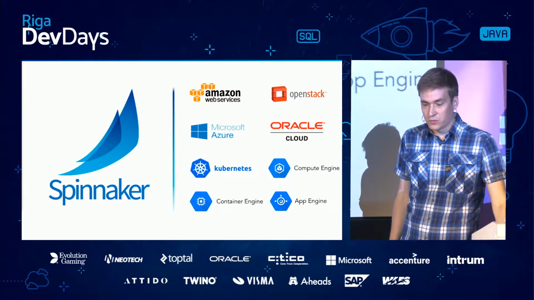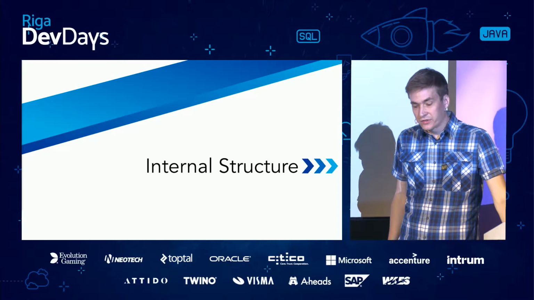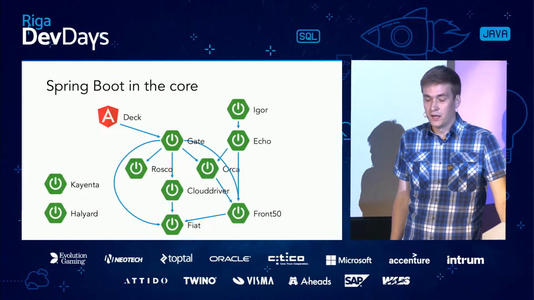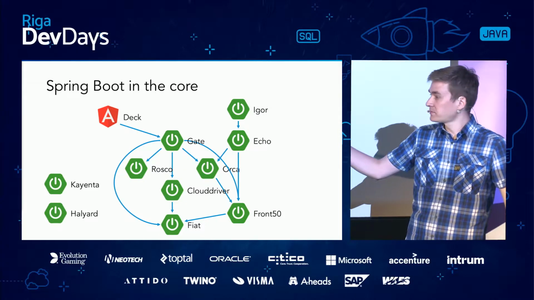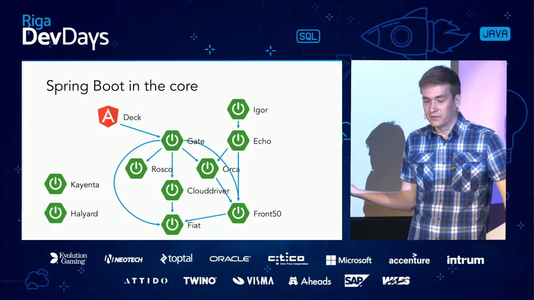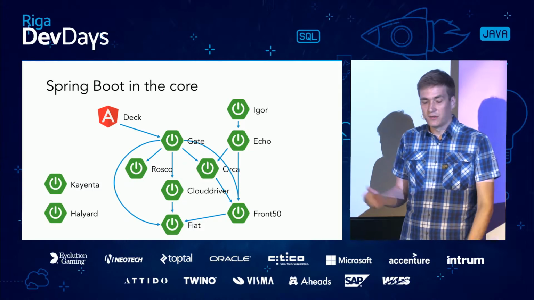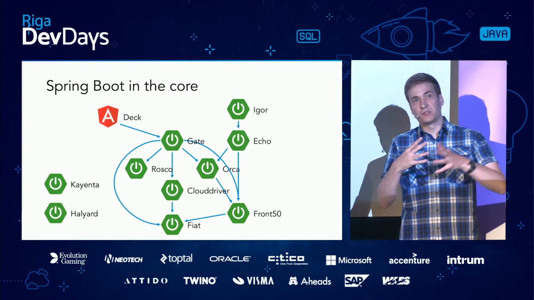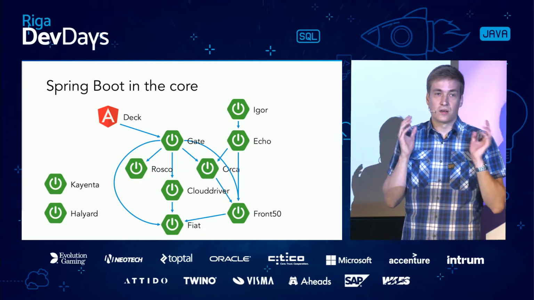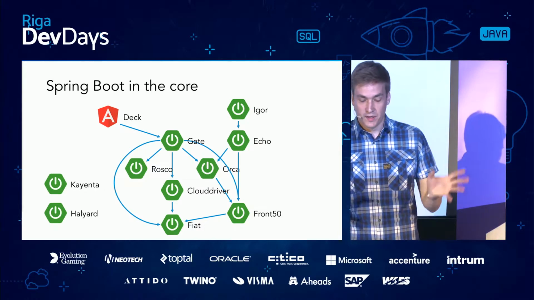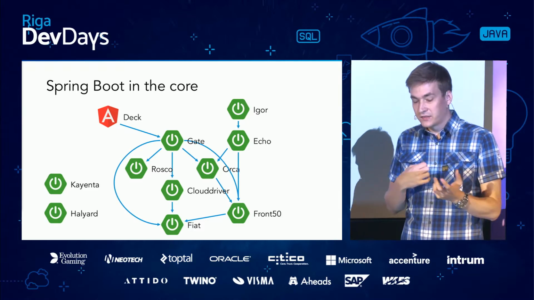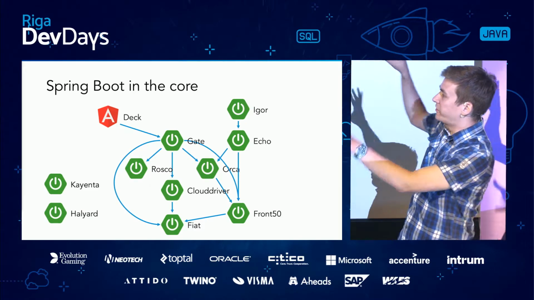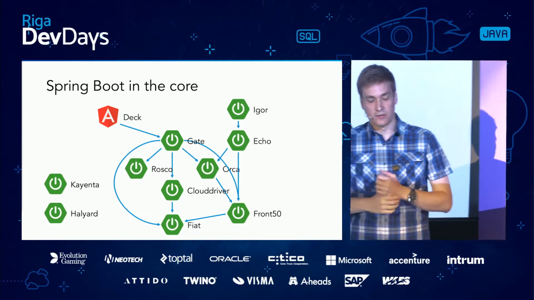So how does this work? The internal structure, it's written in Java. I'm not sure if there are many Java developers here, but this is Spring Boot. It's a very popular framework right now, and it allows you to have convention over configuration, basically. So it does a lot of stuff for you. It's very highly opinionated, but it's really easy to get going, and allows you to have some kind of microservice architecture itself, right?